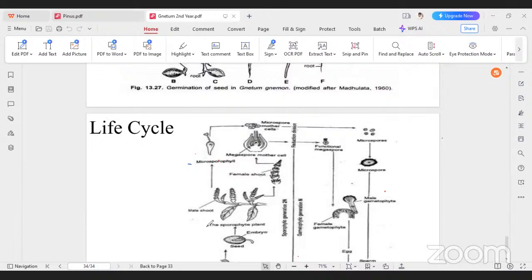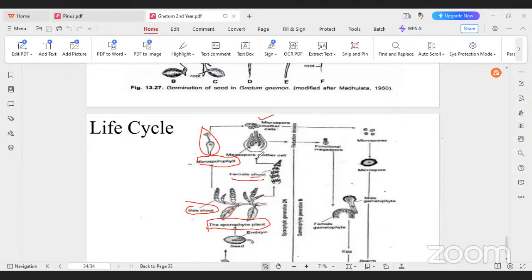So this is the sporophytic plant body, starting with root, shoot and leaf. You can see here also the male cone, female cone, male cone, microsporophyll. Actually microsporophyll, but a better word is male flower. From the male flower, microspores are produced.